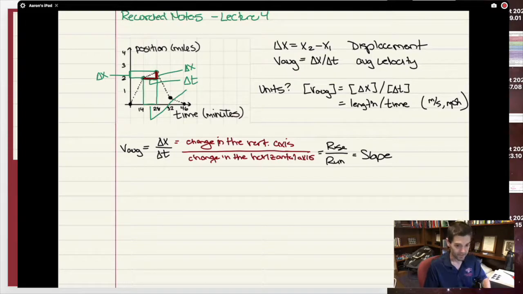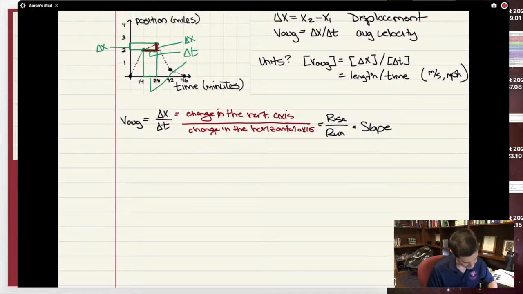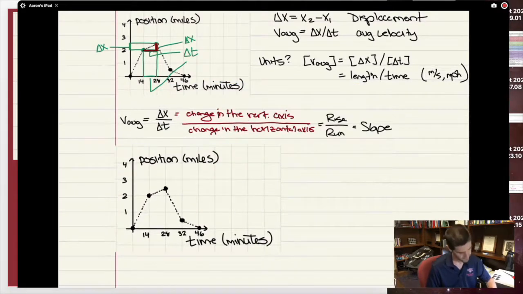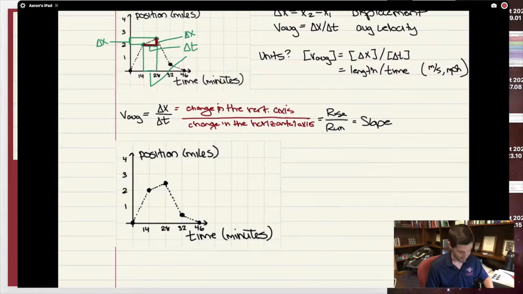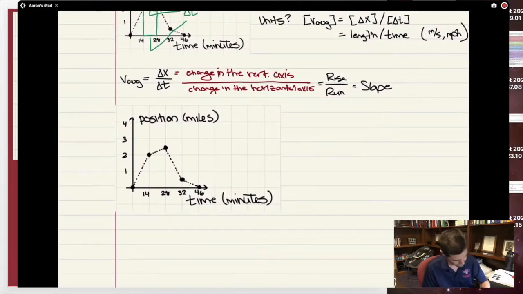So when I look at this plot, for example, between data points 2 and 3, if I connect them by a straight line, that straight line has some slope. The slope of that line is equal to the average velocity between those 2 points.